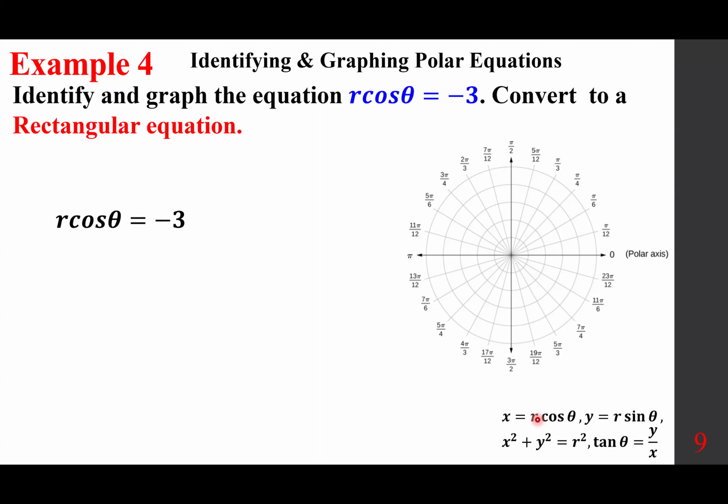Replace it with x. And what is that? That's a vertical line, everybody. So x equals -3. You go 1, 2, 3 to the left. And that's a vertical line.